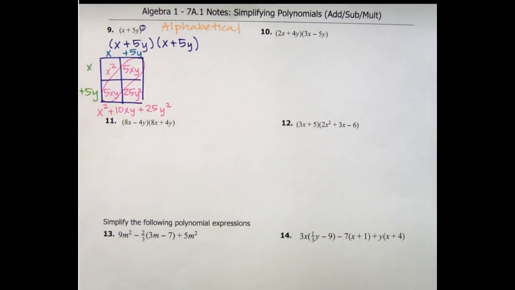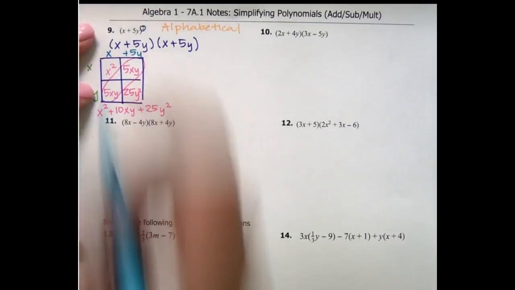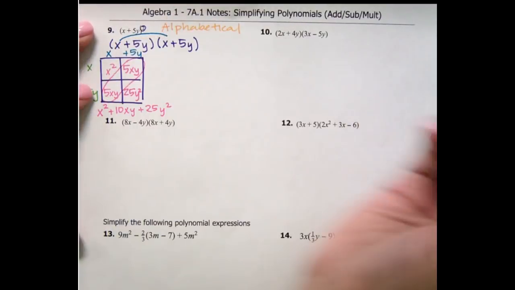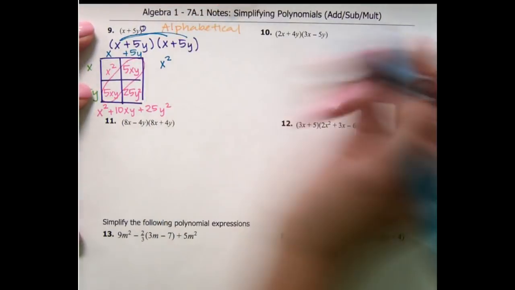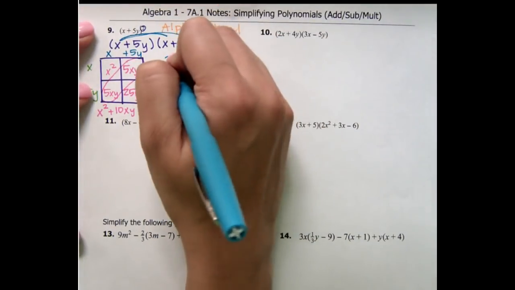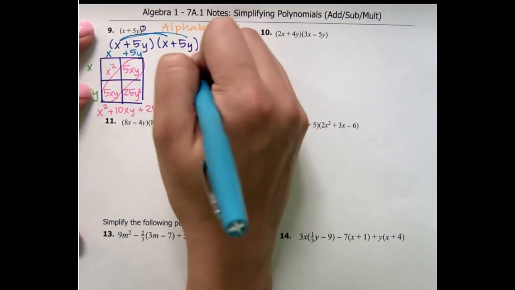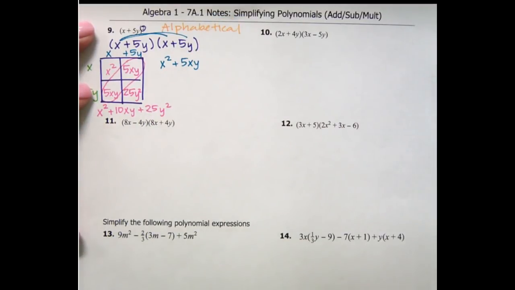Okay, so now we'll distribute x times x, x squared, x times 5y, positive 5xy. Remember, just put them in alphabetical order.